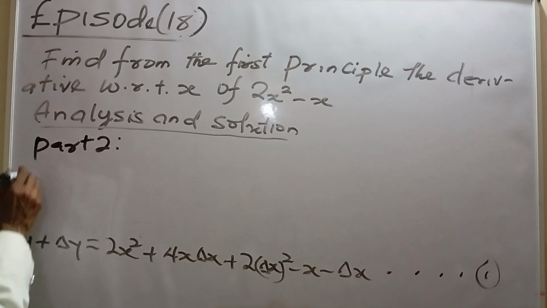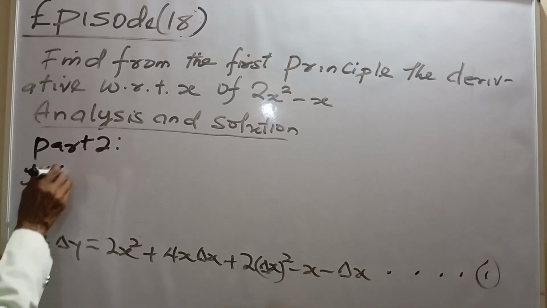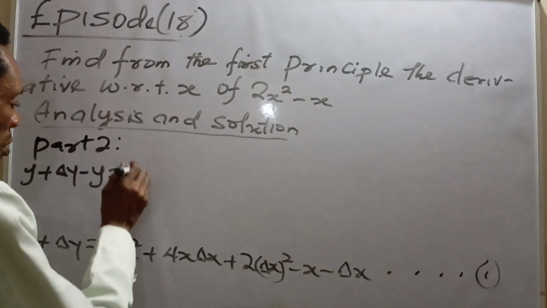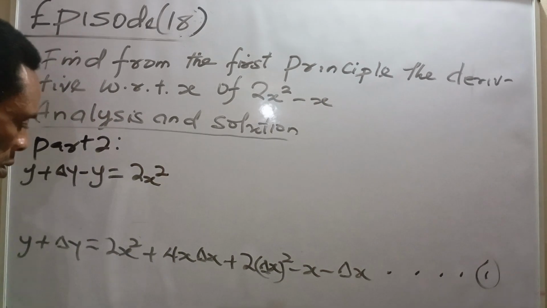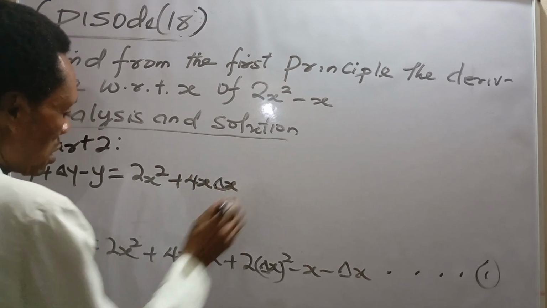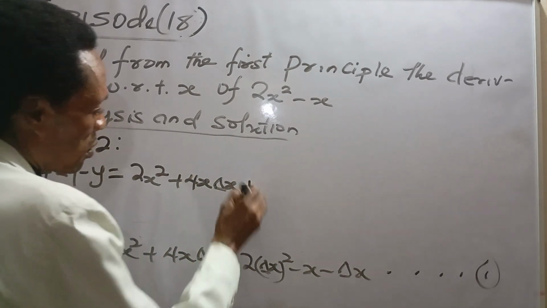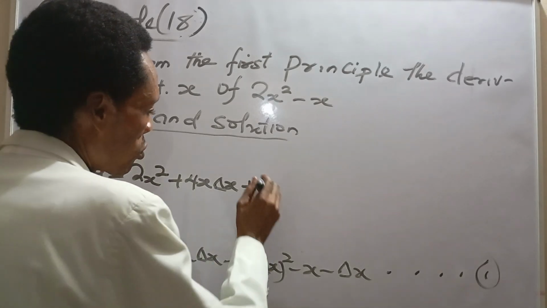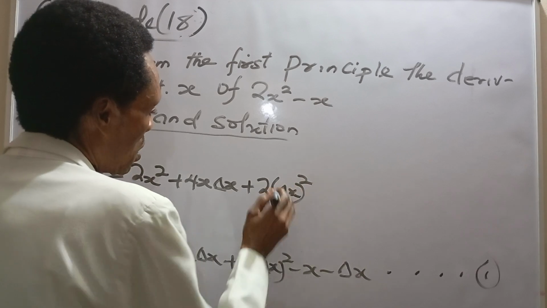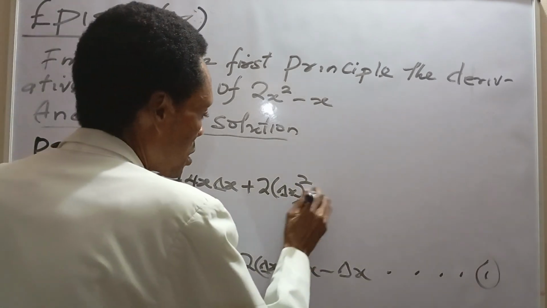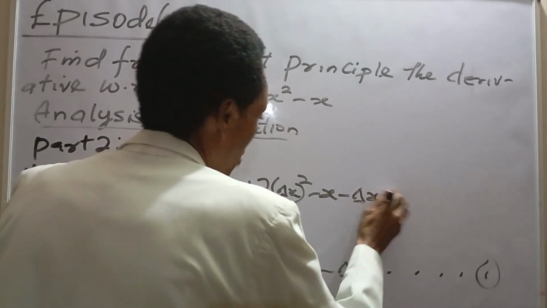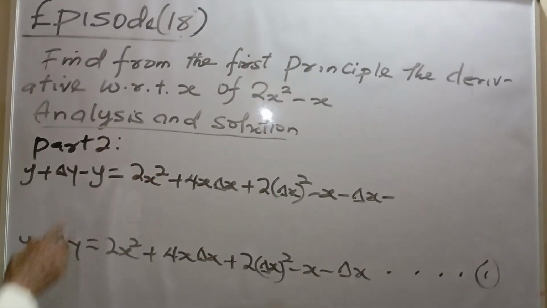That is y plus delta y minus y equals 2s squared plus 4s delta s, that is this, plus 2 open bracket delta s squared, then minus s minus delta s, minus what is our y from the question?